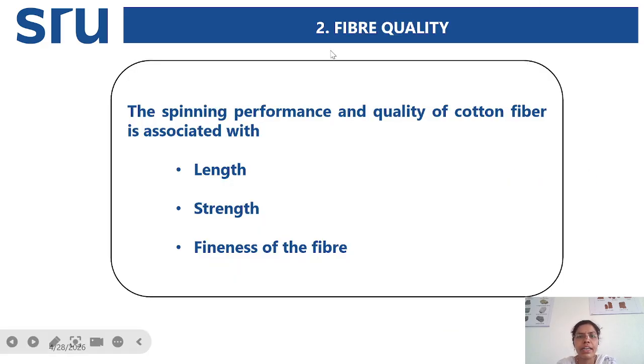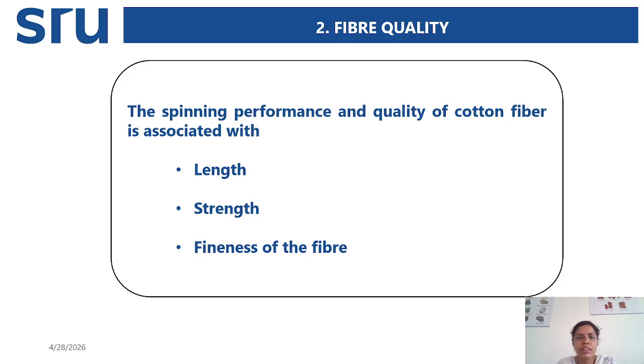Next, coming to fiber quality. Fiber quality is nothing but how the quality of the cotton fiber is decided. Generally in cotton, the length, the strength, and the fineness of the fiber are important. To spin the thread, the length should be more. Next is strength. While spinning the thread, it should not be weak; it should be strong. And next is fineness of the fiber. The thread should be fine, so that we can make cloths easily.